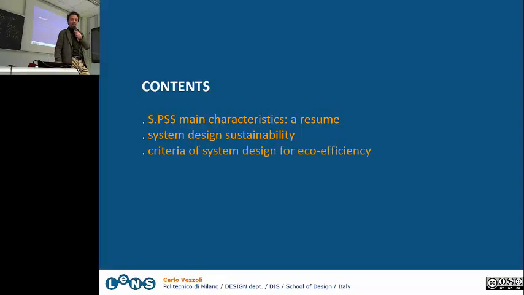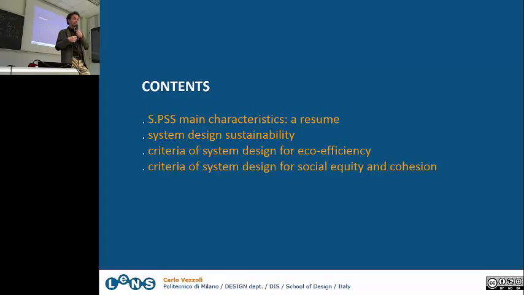Then we will see some criteria linked to environmental, to address product service system design towards environmental promising solution. And then 6 socio-ethical criteria that we have defined to address this process towards socio-ethical beneficial solution.